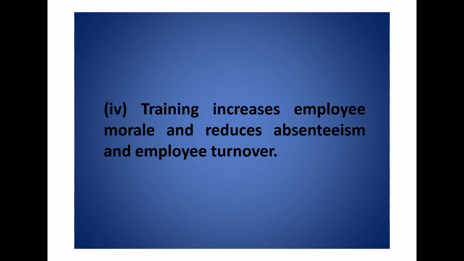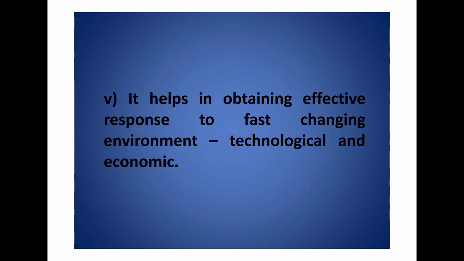Okay, so the next one, the fifth one, is that it helps in obtaining effective response to fast changing environment, technological and economic. So when the employee in the organization is trained, it helps in obtaining effective response to fast changing environment.